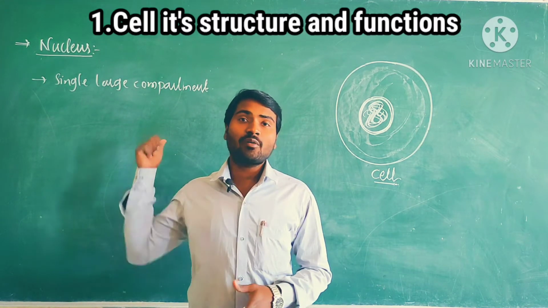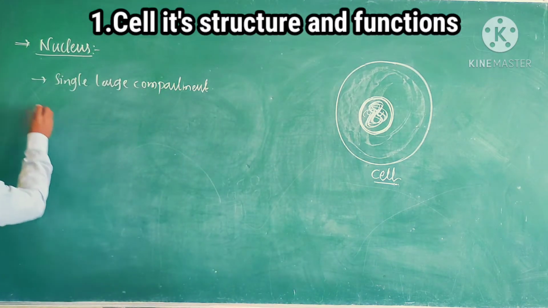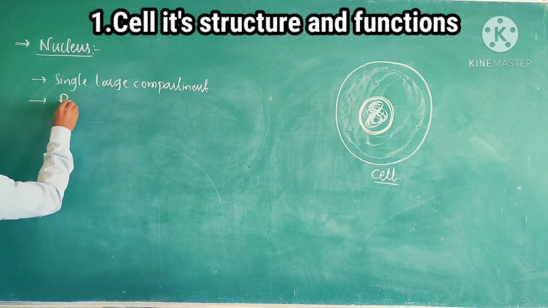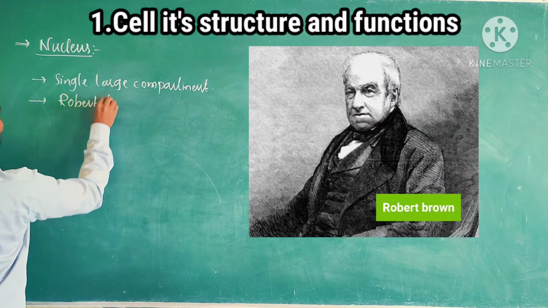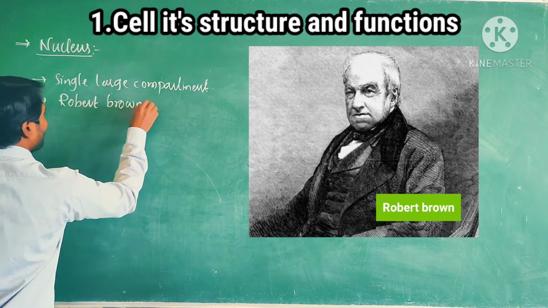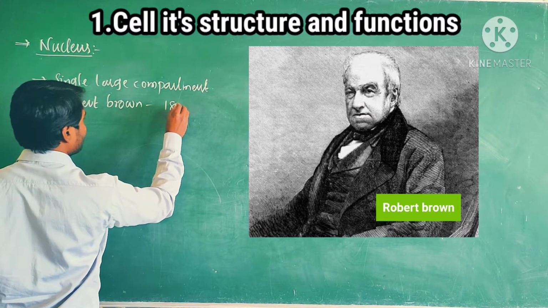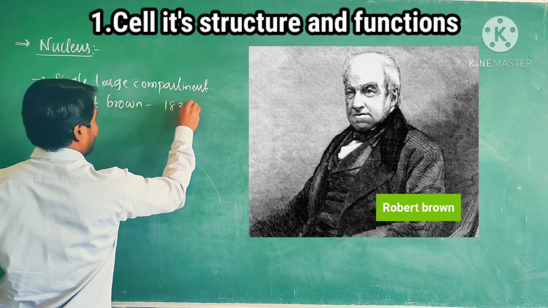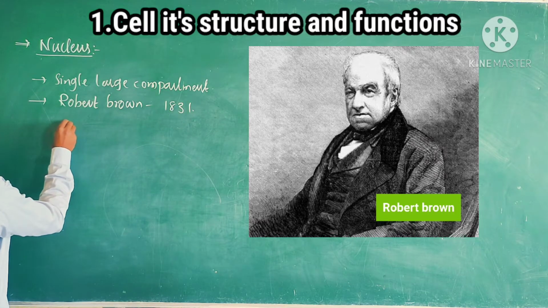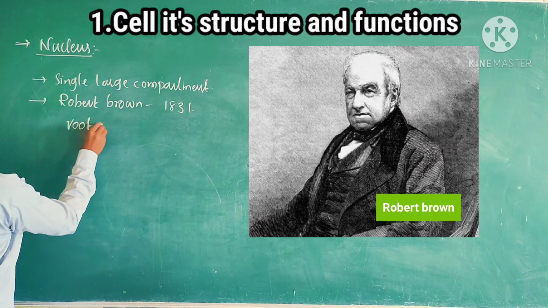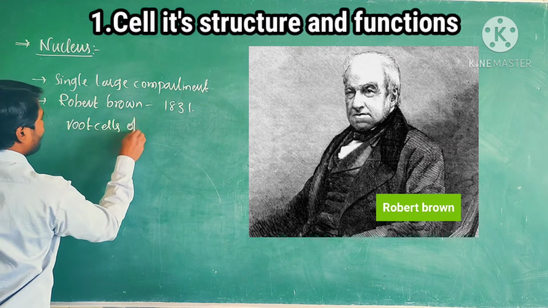It was discovered by Robert Brown. Who discovered the nucleus? Robert Brown, in the year 1831, in the root cells of orchids.